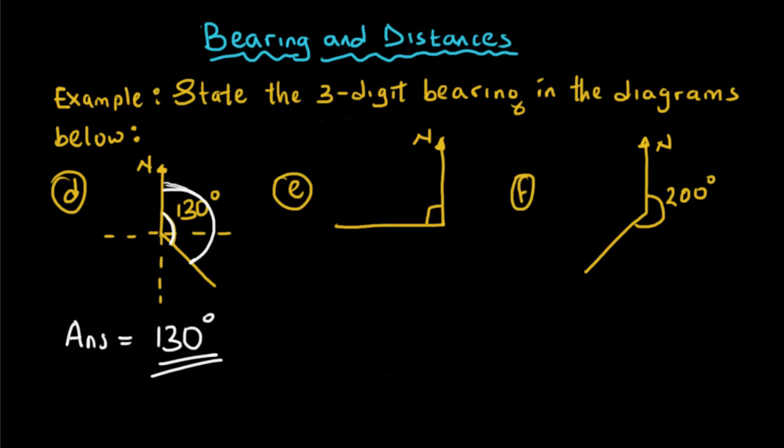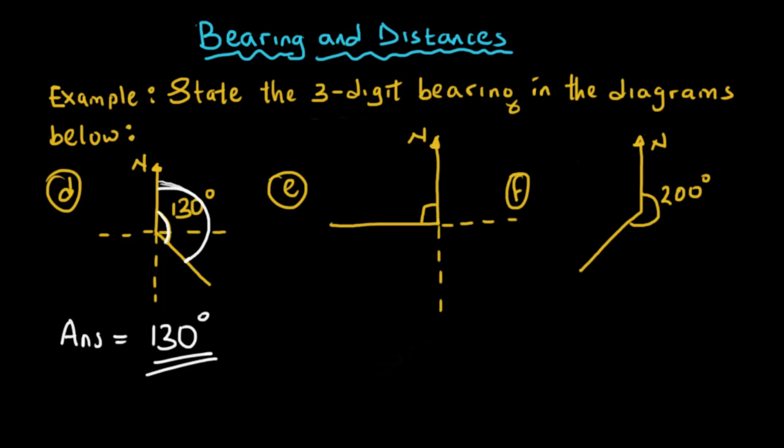Now let's go to E. First thing, complete it. So we have, can you see? Now don't forget the rule. Start from the north, then move clockwise till you get to the line in which you are finding the bearing for. So we start from the north and then we move clockwise till we get to the line.